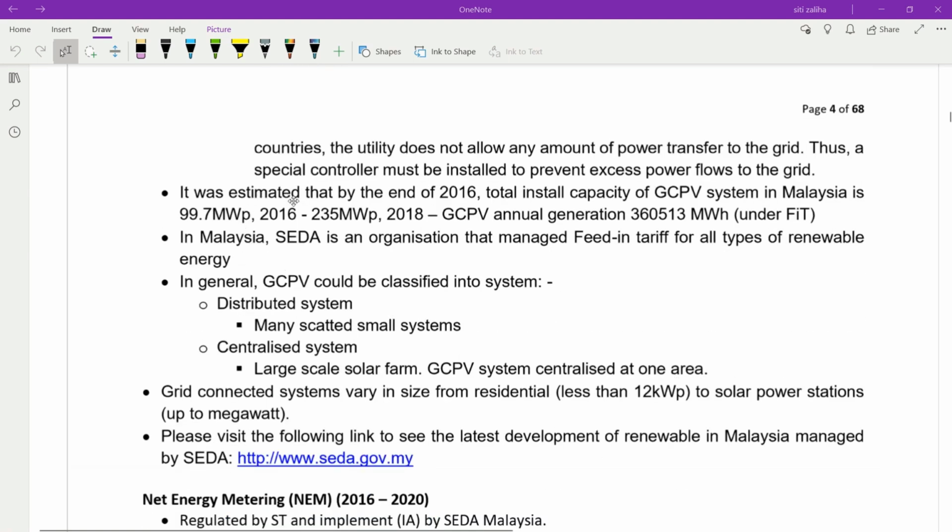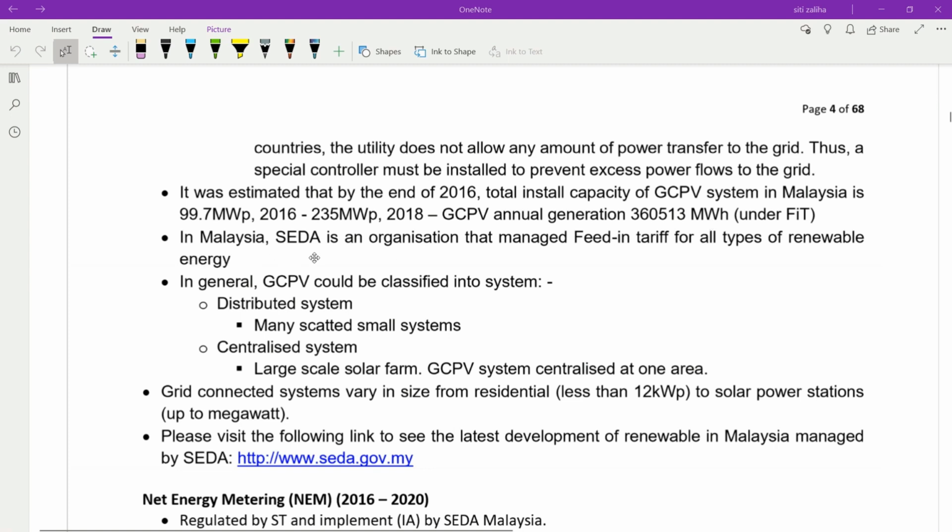It was estimated that by the end of 2016, the total installed capacity of GCPV systems in Malaysia was 99.7 megawatt peak. 2018 is already 235 megawatt peak. The GCPV annual generation under FIT, feed-in tariff, is about 360,513 megawatt hour.